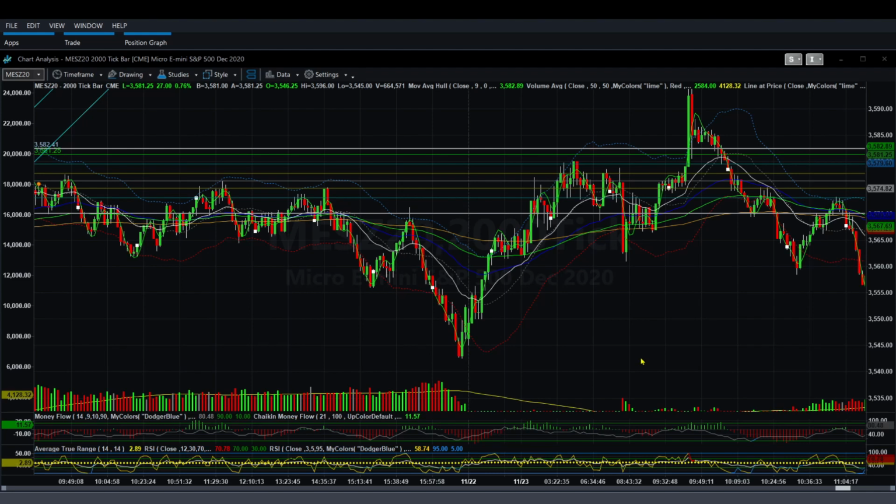And I usually use the law of vibration and cycles as my primary trading tool, and I also use price action, and as you can see here, indicators and Keltner channels, sometimes Bollinger bands.